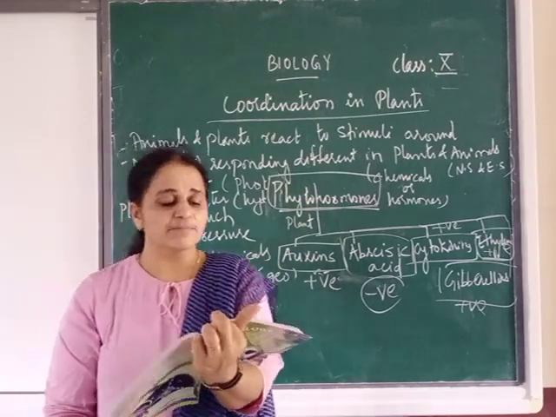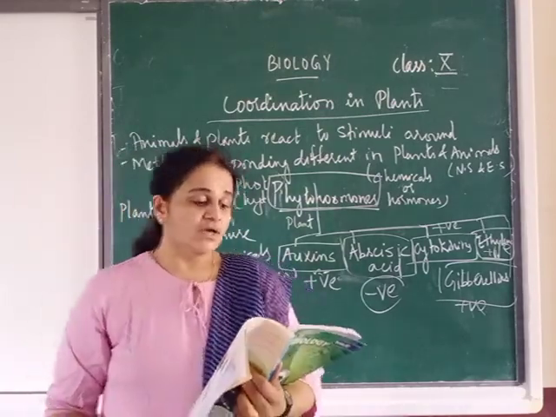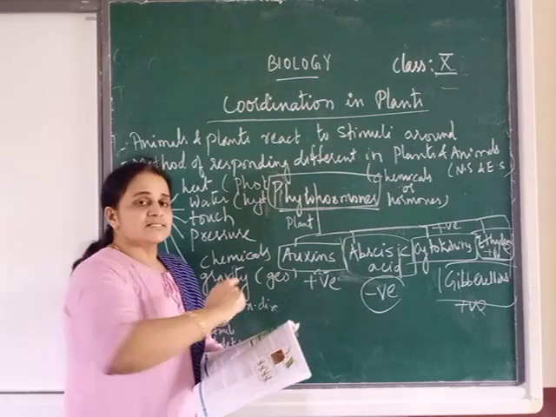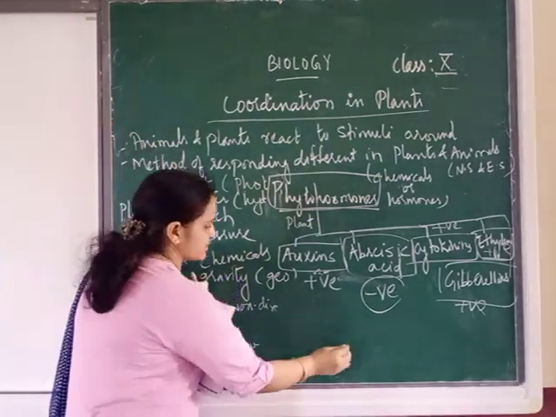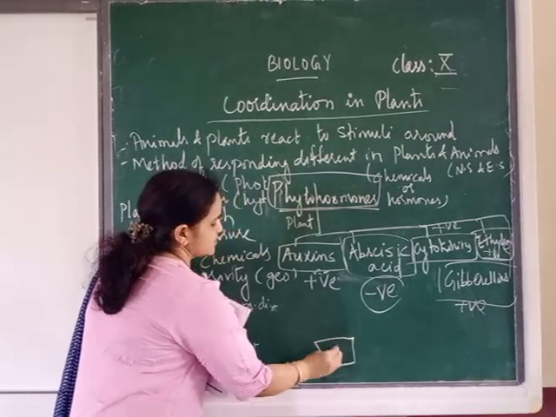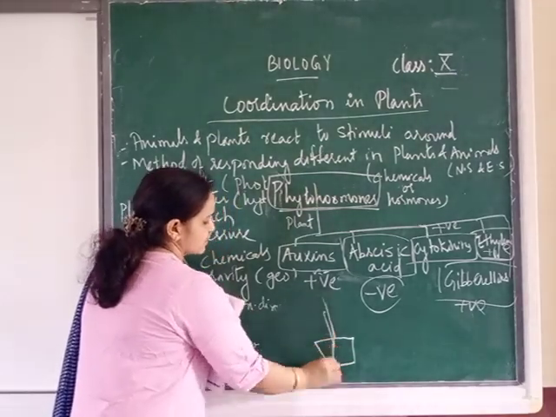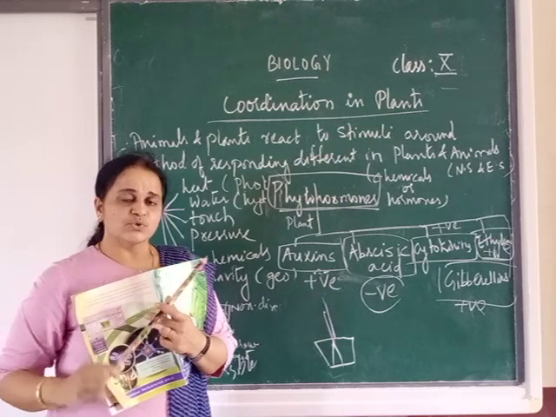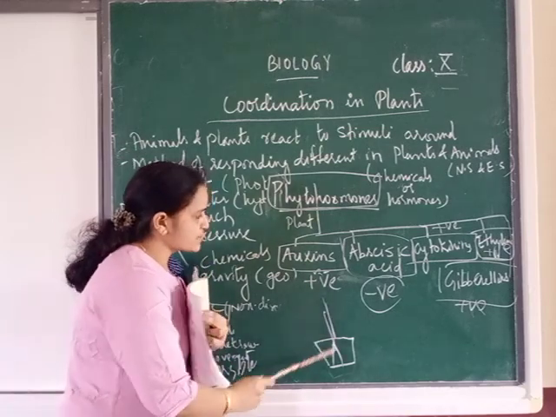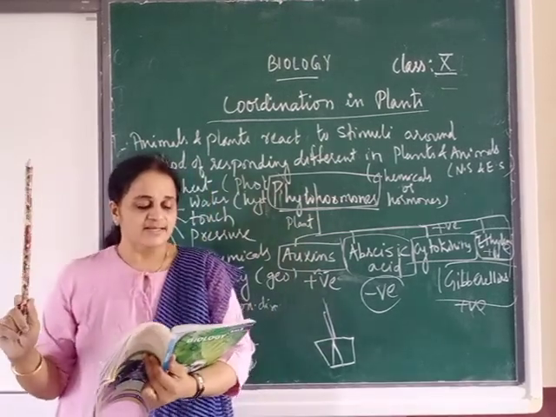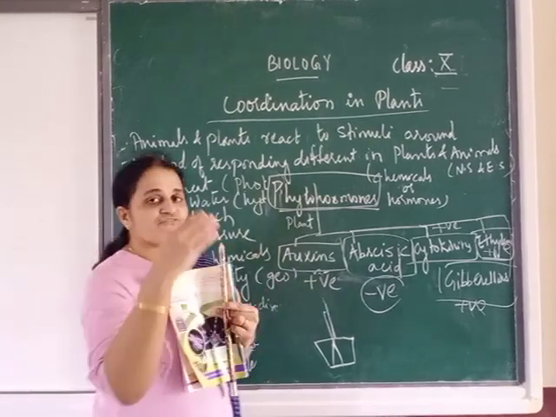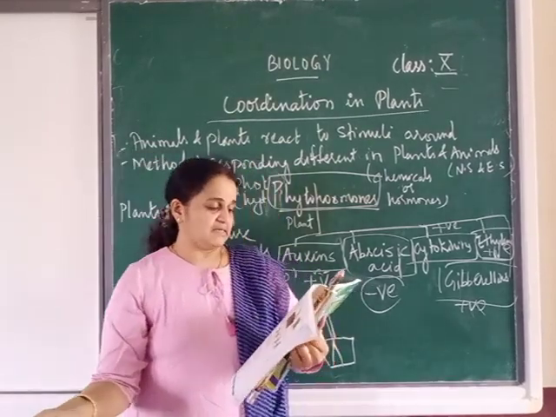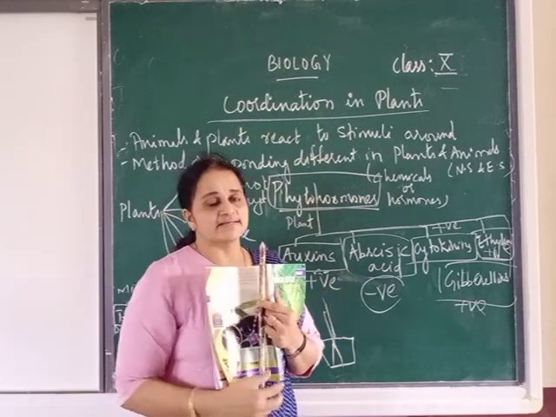Now we'll see what are the positive roles played by auxin. Auxins help in cell elongation and differentiation of shoot and root. Now what is that shoot again? Shoot means the upper part. Root is down. So who helps in the growth of shoot and root? Auxin. Second, abscisic acid, I told you, helps in the falling of leaves and closing of stomata.